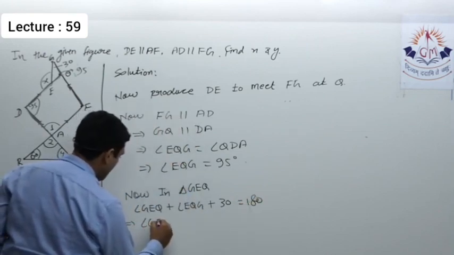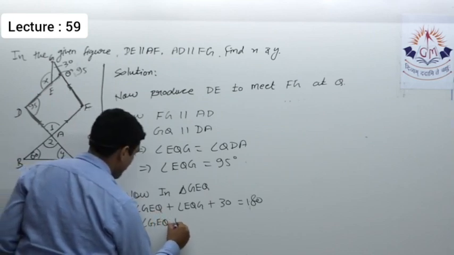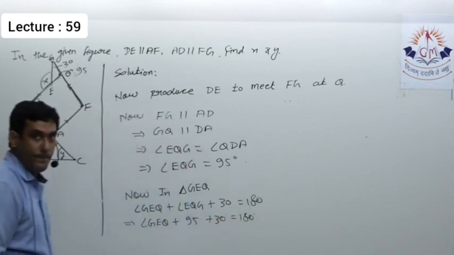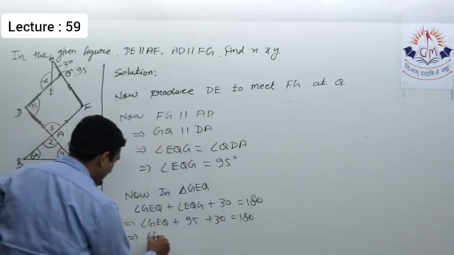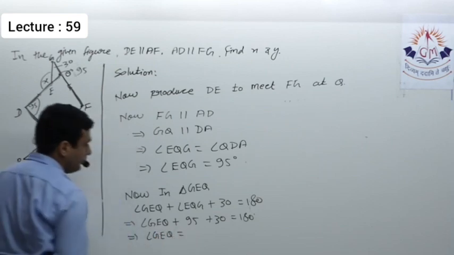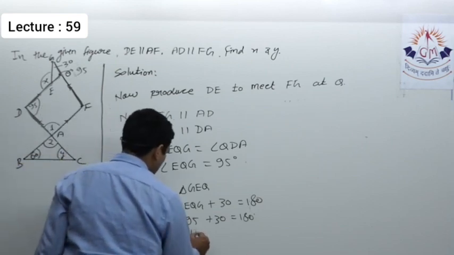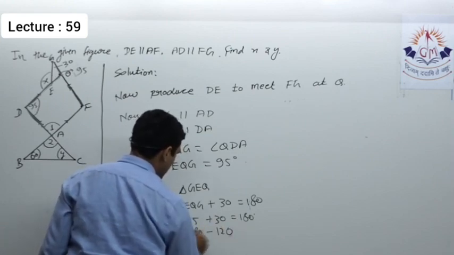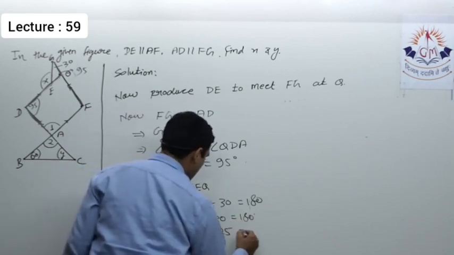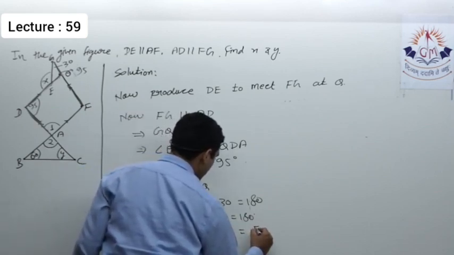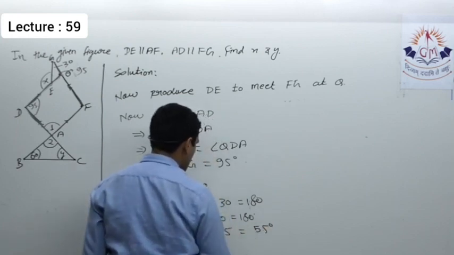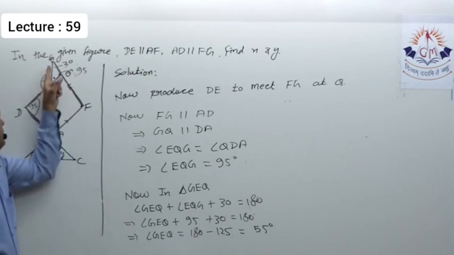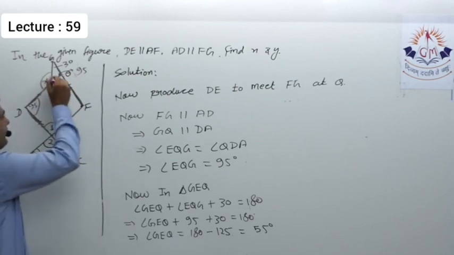Therefore angle GEQ plus 95 plus 30 is equal to 180 degrees. Therefore I can say angle GEQ is equal to 180 minus 125, that is equal to 55 degrees. So here this angle is 55. Angle GEQ is equal to 55. I got the measure of this.